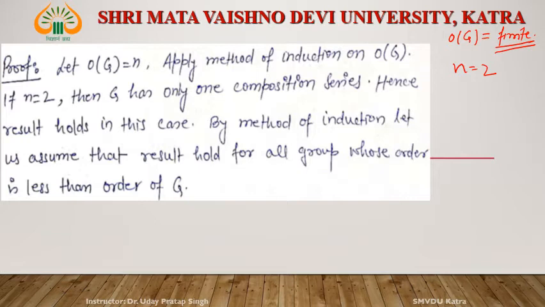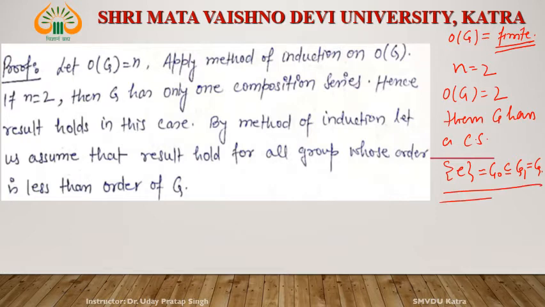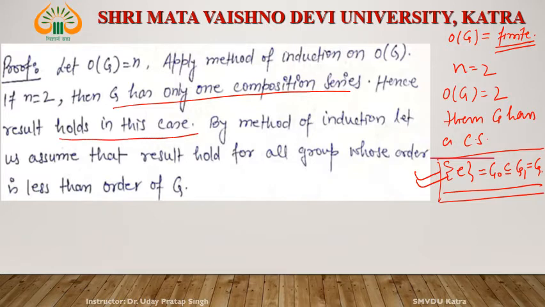If n is equal to 2, that is the order of G is 2, then G has the composition series E equals G0, subgroup of G1, that is G. This is the only composition series of this G whose order is 2. So G has only one composition series, and the result is true. In this case, with only one series, the series is equivalent to itself.